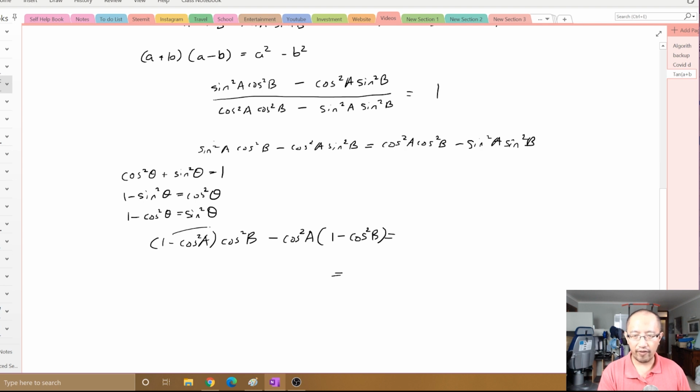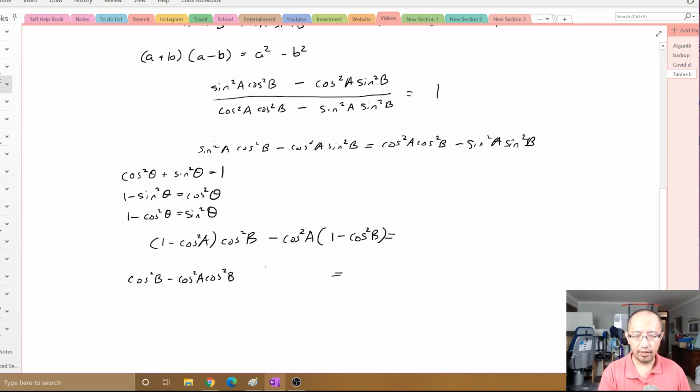So this, if I expand it out, it'll become cos squared b minus cos squared a cos squared b. I'm going to expand this out.